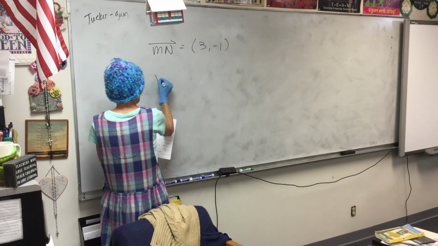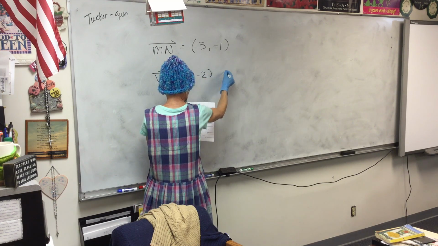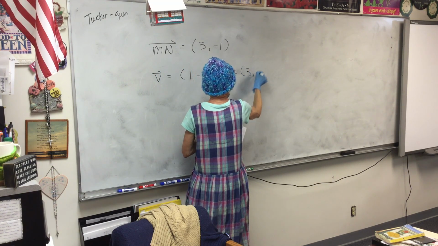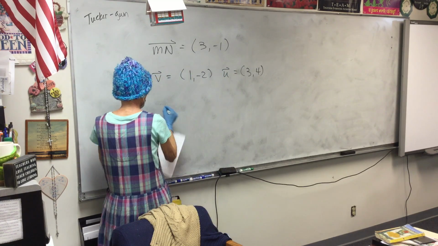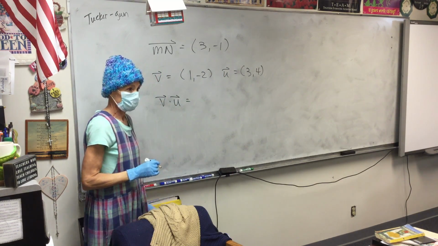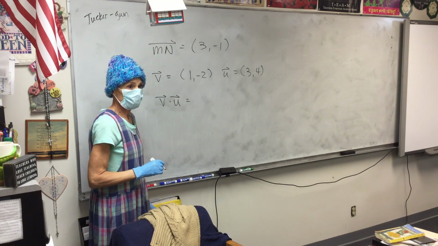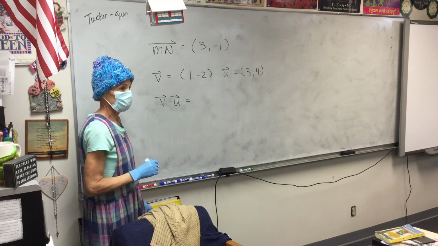All right, number 2. Lots of different questions. Here we go. So the first one. All right, we haven't talked about this in a couple days. V dot U. Who remembers how we V dot U?